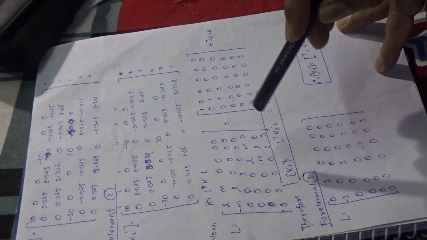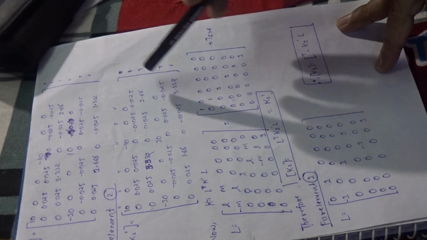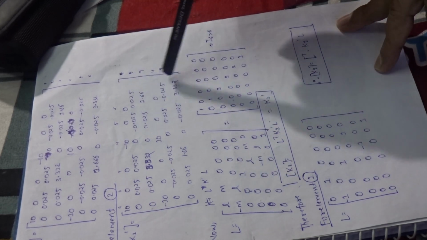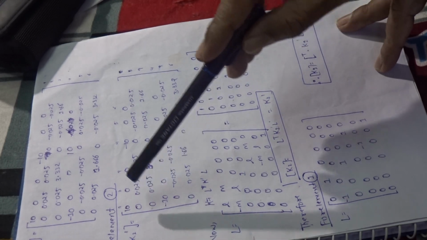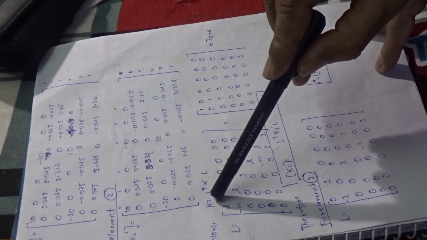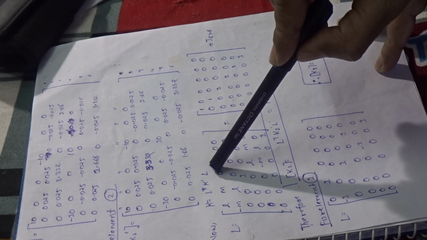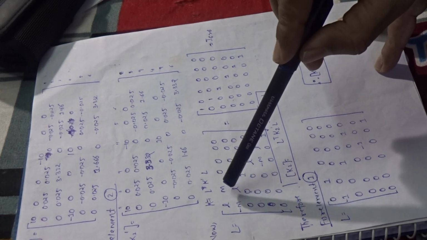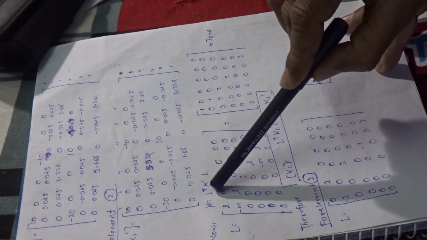Now you have to transform it to the global system. This is the local stiffness matrix for the frame, and now it should be transformed into the global stiffness matrix. So you have to multiply by the transformation matrix.